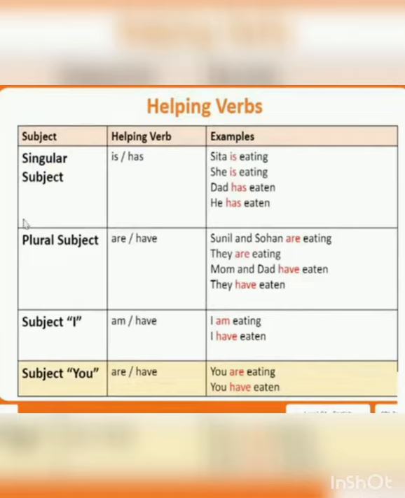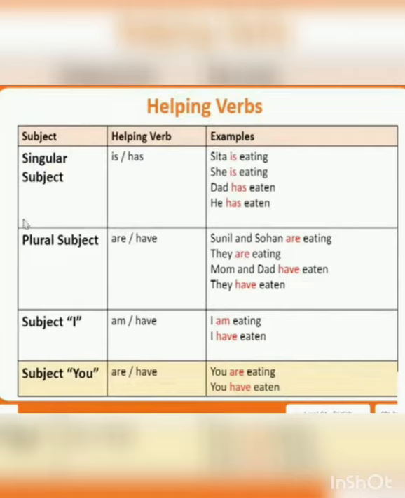If work is going on, at that time with the singular subject we will use is. And see the third and fourth sentence. There the verb is eaten. Here is the third form of the verb, eaten. Eaten means the work is already completed. If the work is completed and our subject is singular, at that time we will use has.